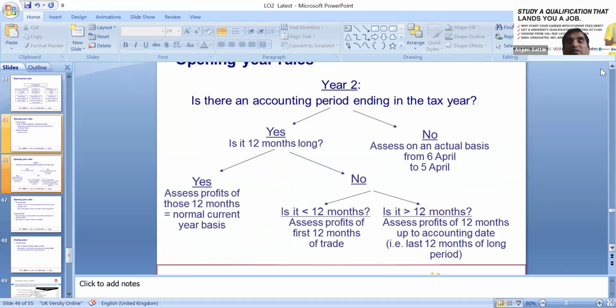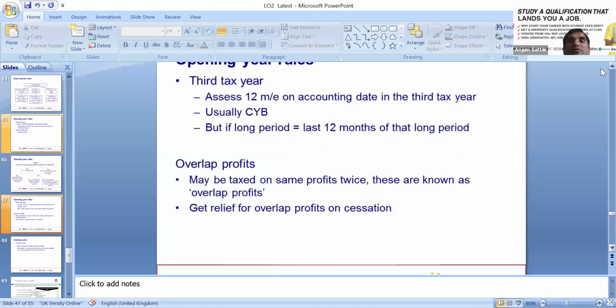If it's less than 12 months, assess the profit for the first 12 months straight, and if not, assess the actual basis 6 April to 5 April. Is it greater than 12 months, assess the profit for 12 months up to the accounting date, and the longer period can be divided into different years, and we can calculate the overlap profit and get the relief when we cease the business.